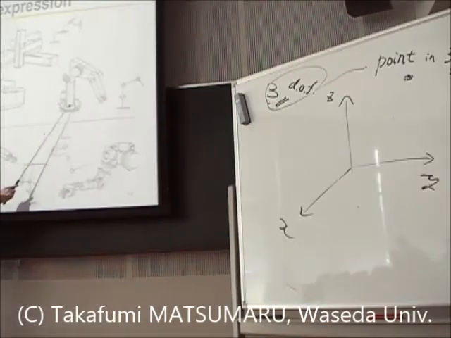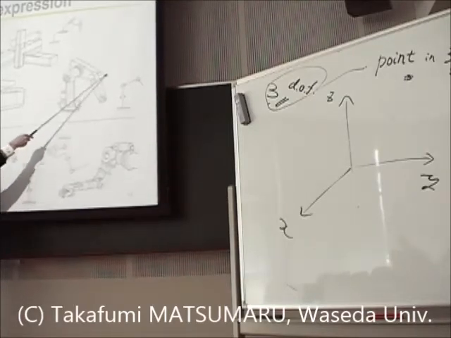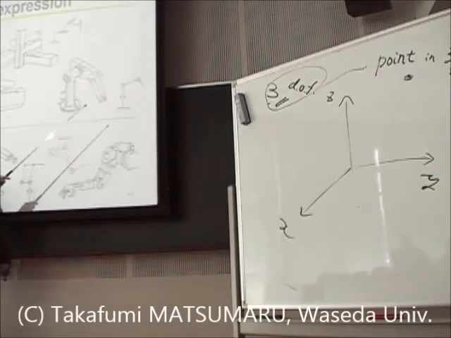And this articulated robot has base rotation, this angle swinging up and down, and this angle swinging up and down.